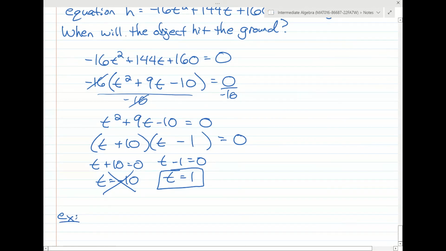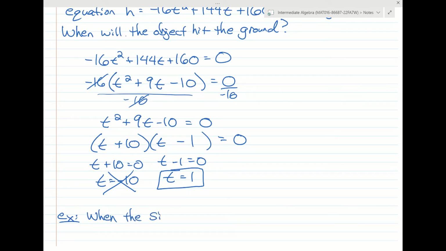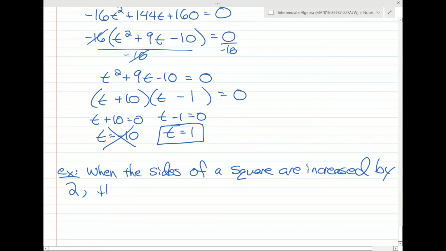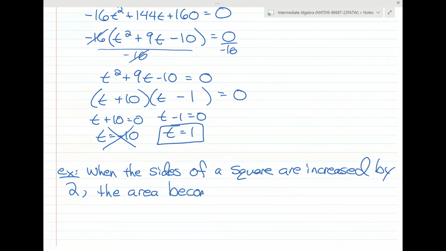So what if when the sides of a square are increased by 2, the area becomes 25 square inches.